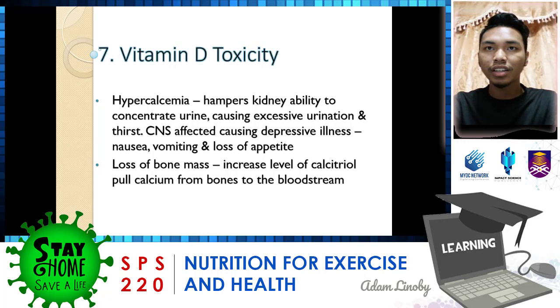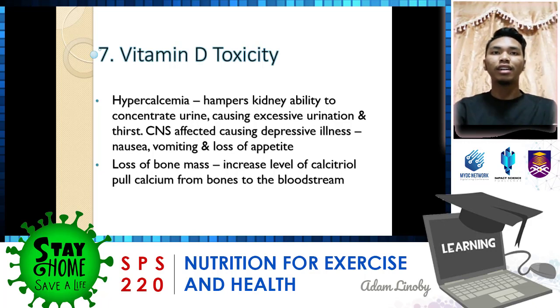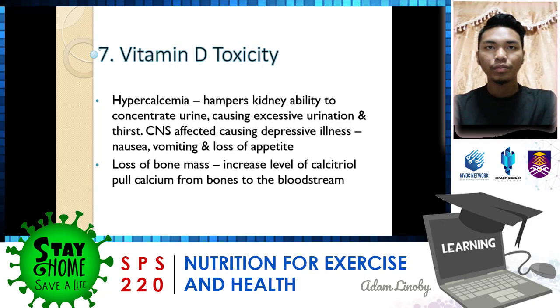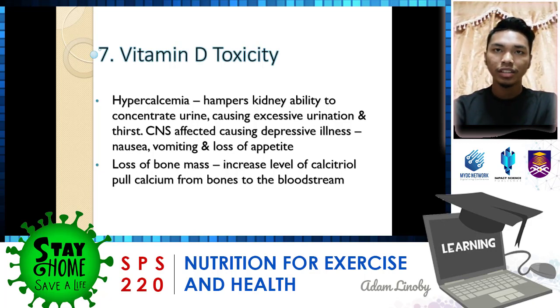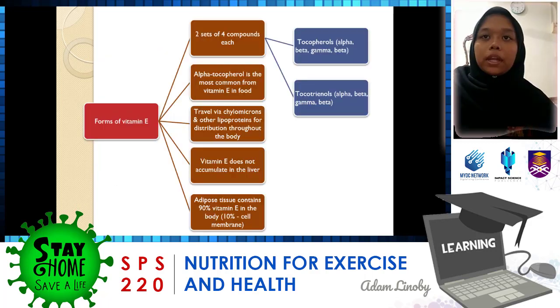CNS effects cause depressive illness such as nausea, vomiting and loss of appetite. And the last one is loss of bone mass, in which increased levels of calcitriol pull calcium from bones to the bloodstream.